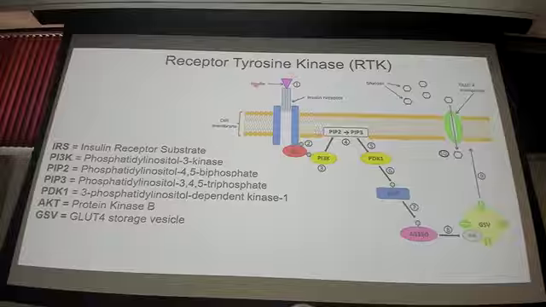In this case, it's causing the insertion of GLUT4, which will cause the intake of glucose. So this pathway is involved in cell growth, differentiation, metabolism, and apoptosis.